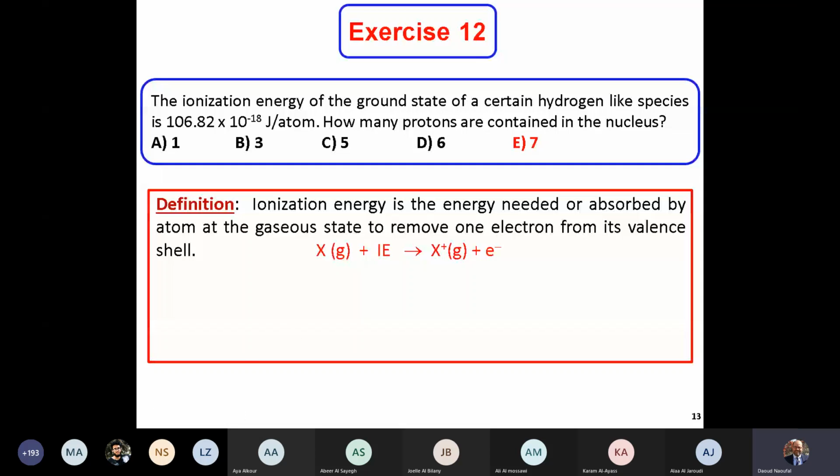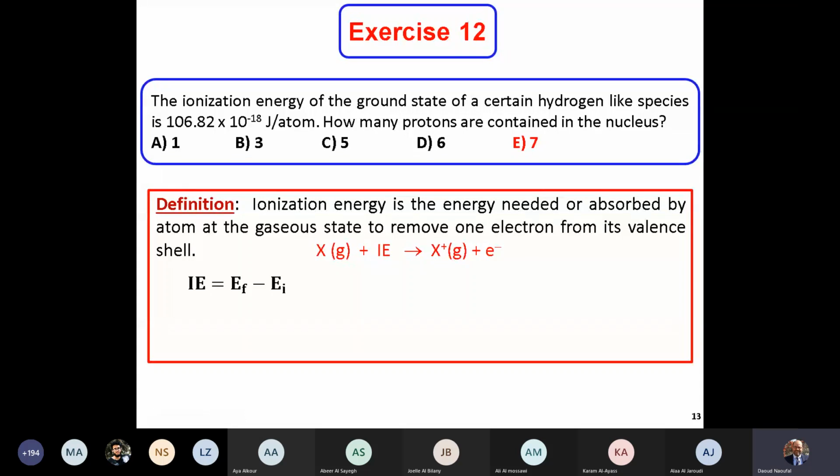So in other words, according to Bohr, the ionization energy is needed to pass the electron to n equal infinity, so to outside the atom. The difference of energy, delta E, is equal to the energy absorbed, which is the ionization energy noted IE, equal to E final minus E initial.